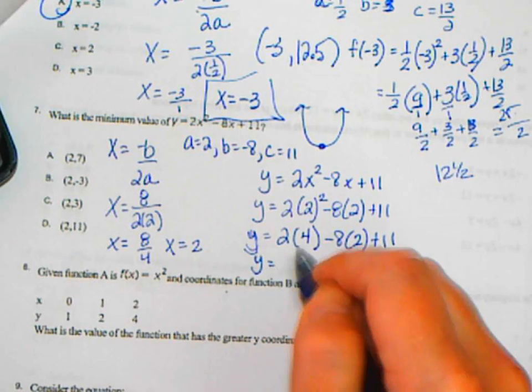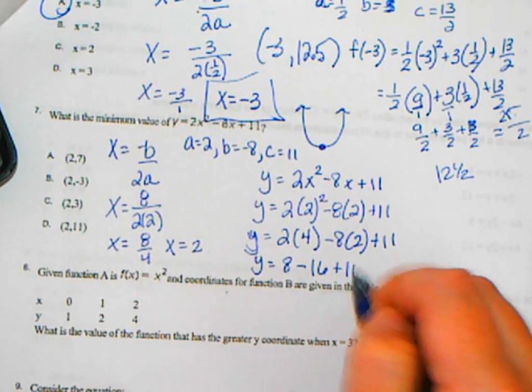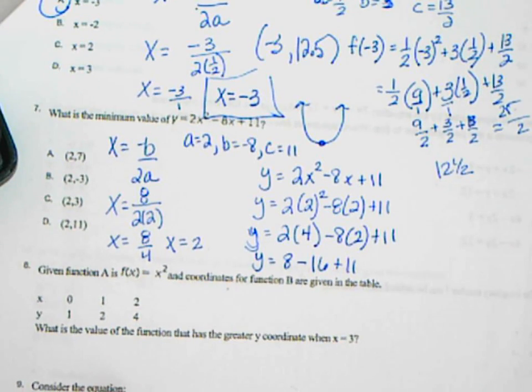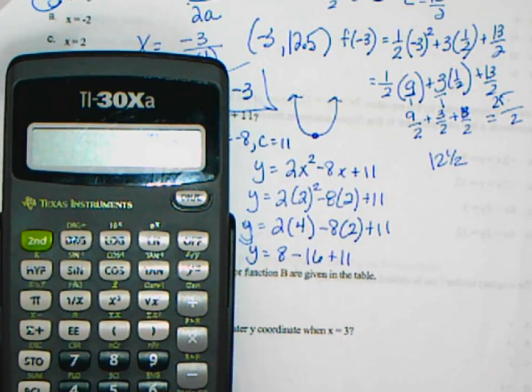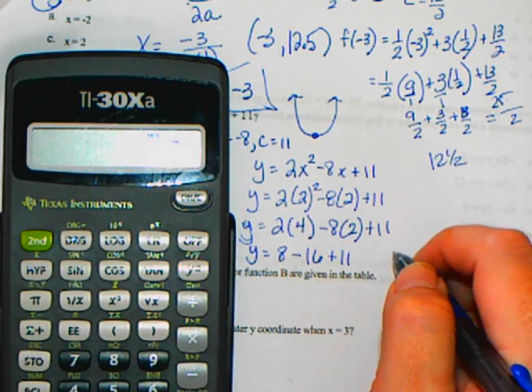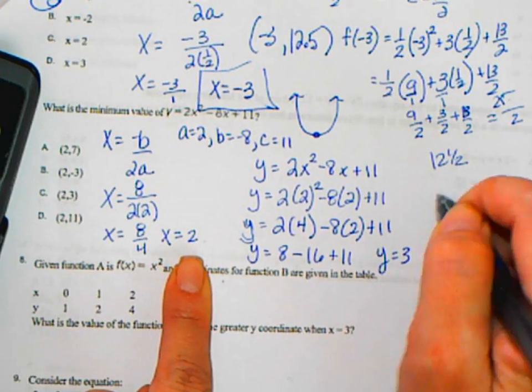So I have y equals 8 minus 16 plus 11. When I have addition and subtraction, I work from left to right. 8 minus 16 is -8. Plus 11 is 3. So when x is 2, y is 3.